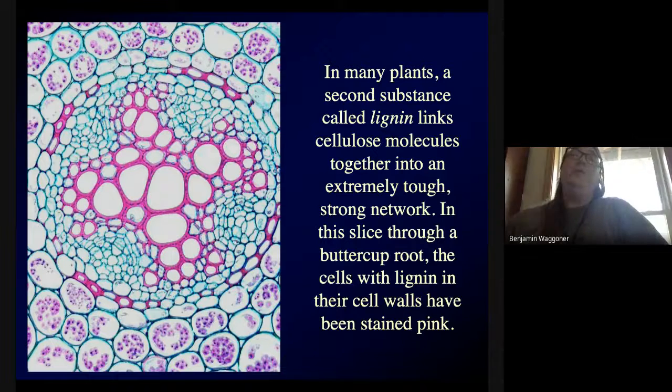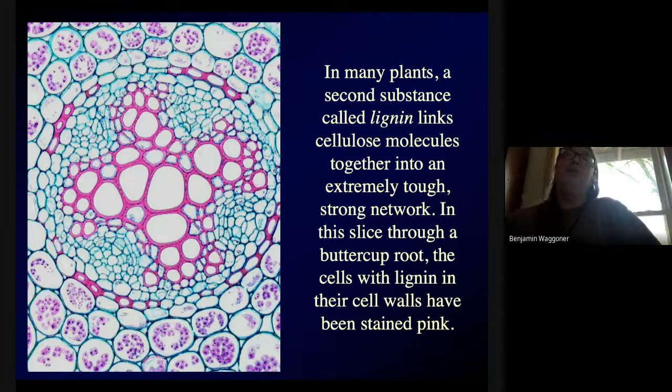Plant tissue that carries water is called xylem. And that cross is a big cross-shaped strand made of lots of xylem cells stuck together.